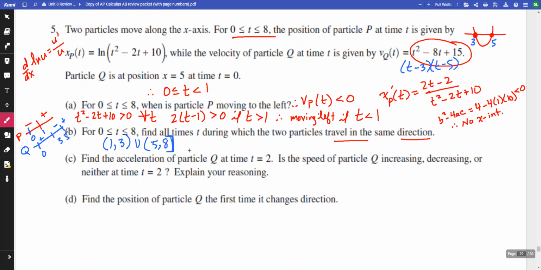Okay. Next, we want to find the acceleration of the particle at t equals 2 and then determine about the speed, right?